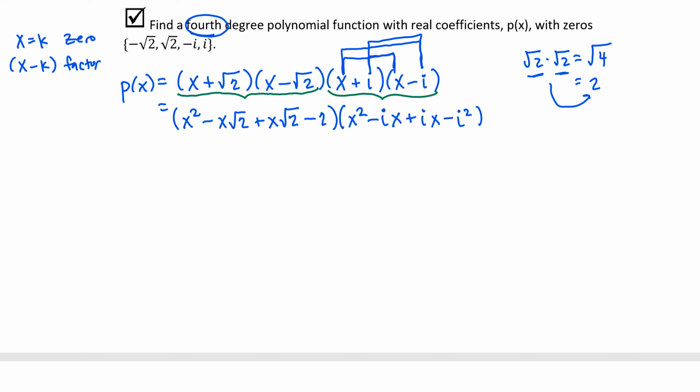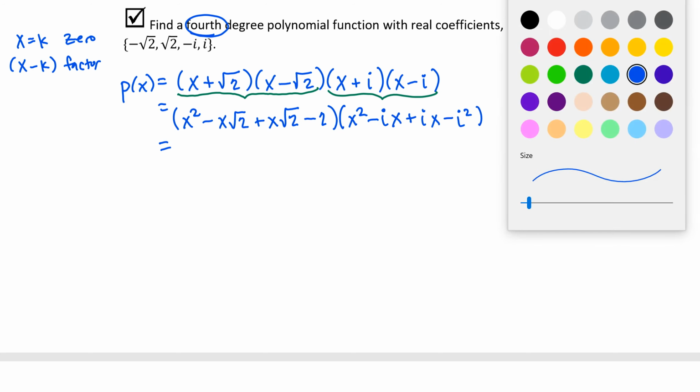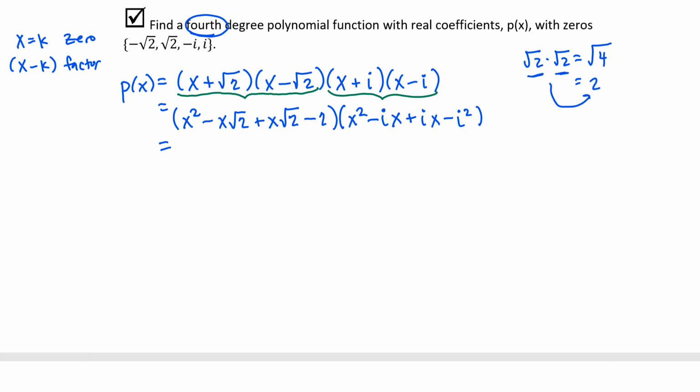So we have FOILed both pairs of our binomials there. Let's go back and simplify. Notice how convenient this problem actually is. Though our middle terms are kind of ugly, they cancel in both parenthetical elements there. Reducing it down to x squared minus 2 times x squared minus i squared.